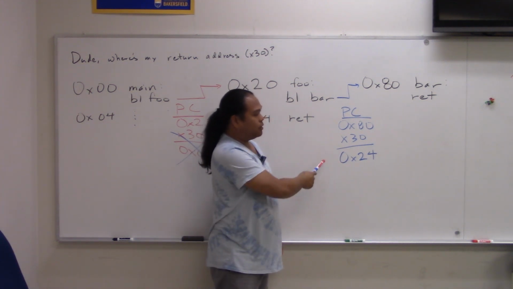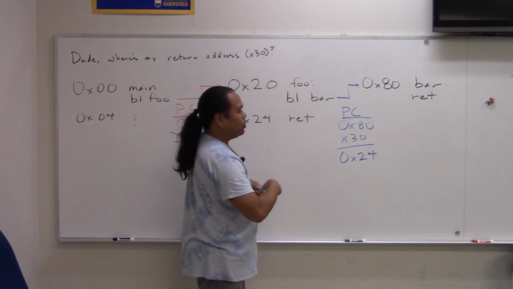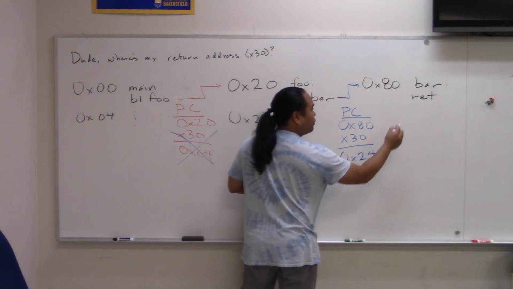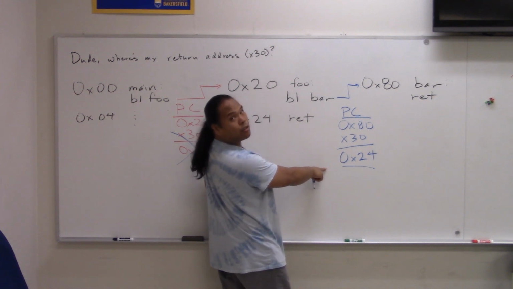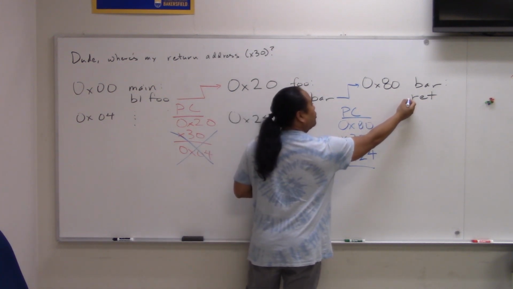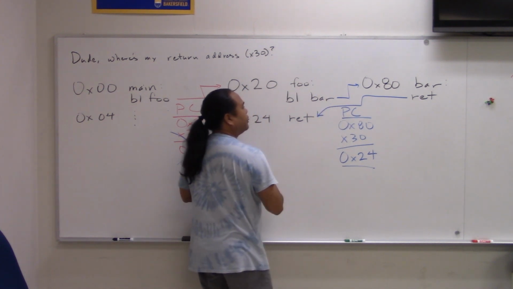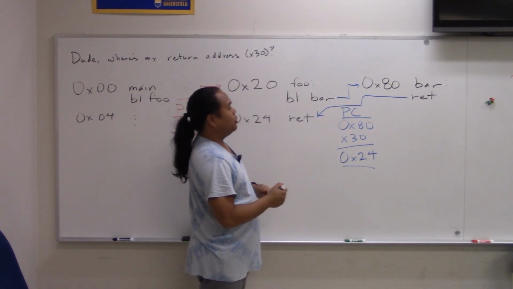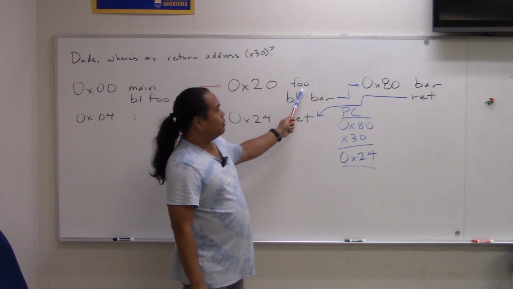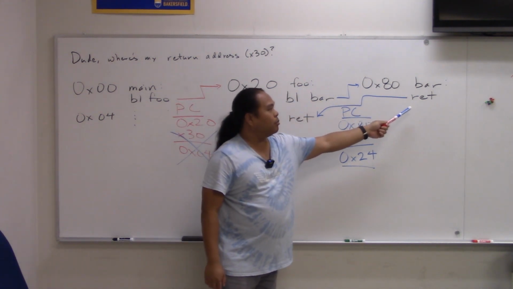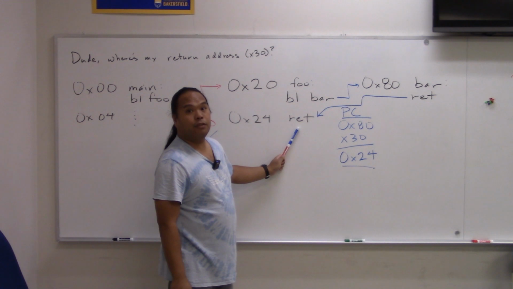It'll set the PC to that value. So that means it will return to 24, because that's what the current contents are of X30. So that would mean it would return to this thing. Now that made sense. That actually allowed foo to call bar and for bar to return back into foo.